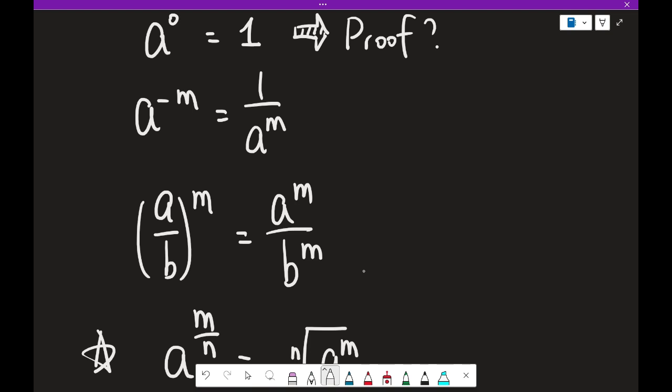Next identity: a over b bracket to the power of m. Similar to ab to the power of m, we can distribute this m to the numerator and the denominator respectively, which gives us a to the power of m over b to the power of m.